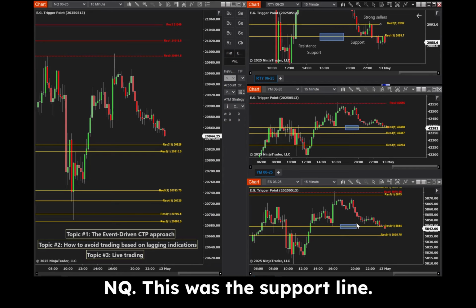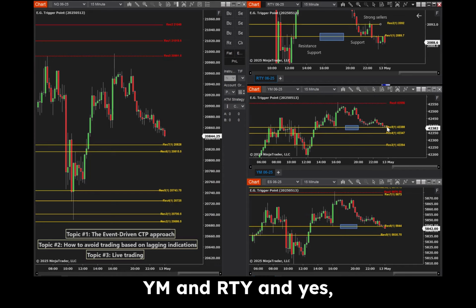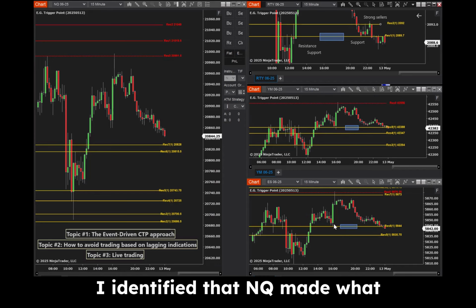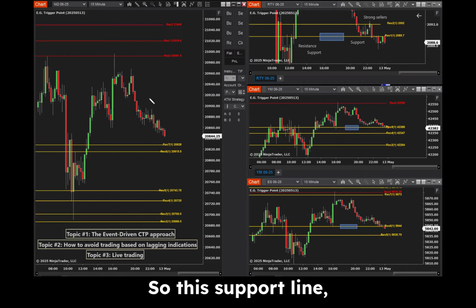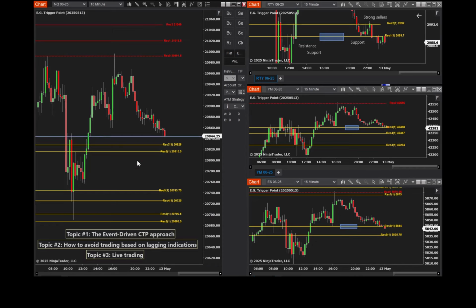Same for ES. NQ, this was the support line, but when I looked at YM and RTY and ES, I identified that NQ made what I called a market shift. So this support line, resistance line of NQ shifted a little.